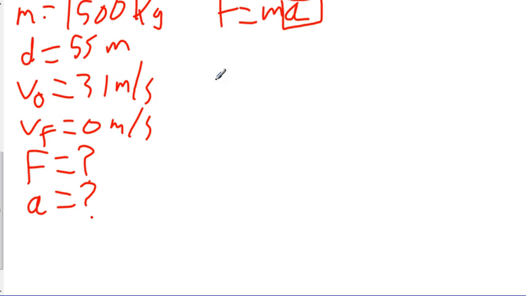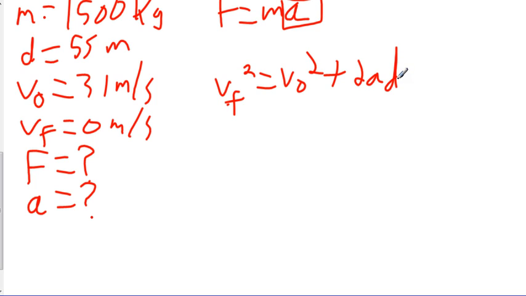It is VF squared is equal to V naught squared plus 2AD. We plug in our values here, so we have 0 is equal to 31 squared plus 2A times 55.